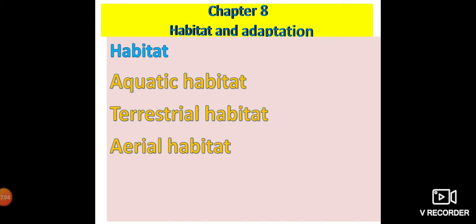Desert habitat means we know that desert is full of sand. In this habitat the area is fully covered with sand. The place fully covered with sand is called desert. So in desert habitat, the land is covered with sand and has high temperature.